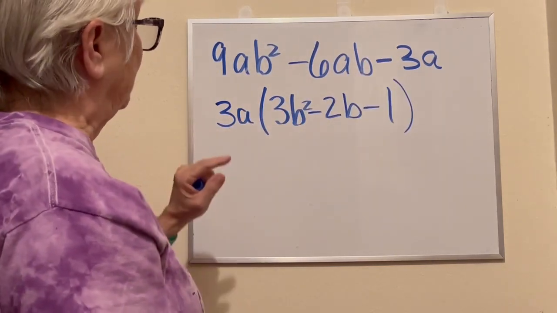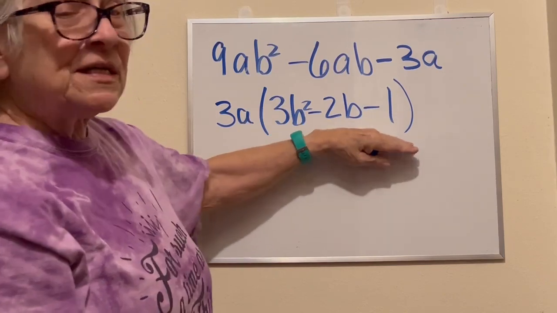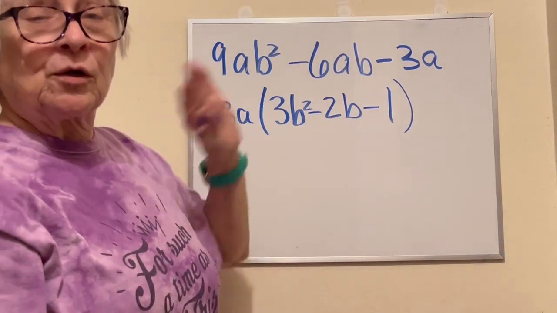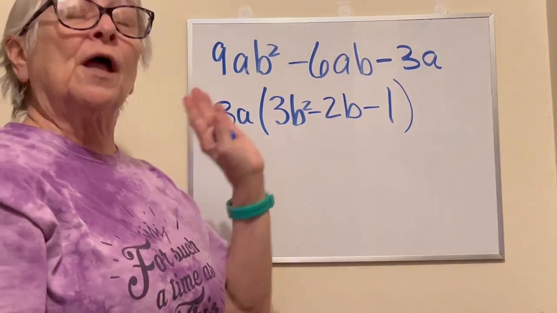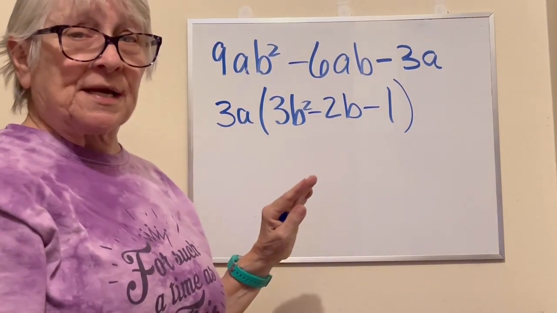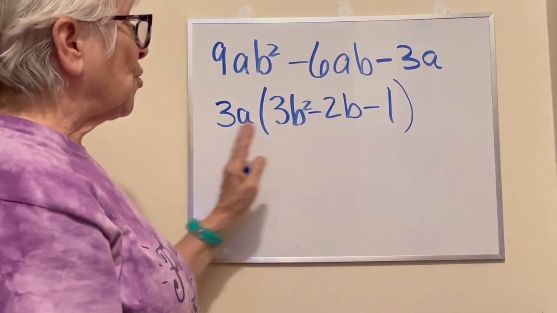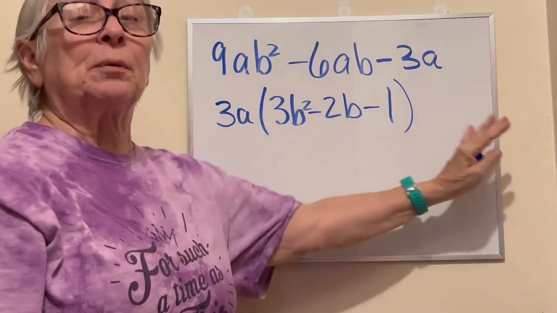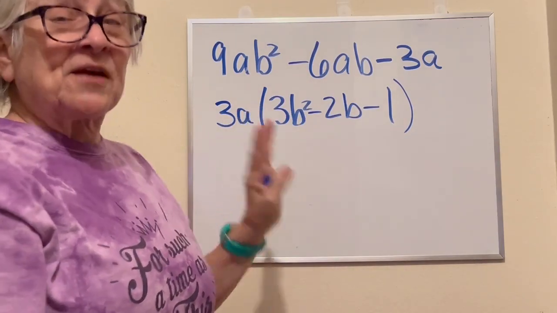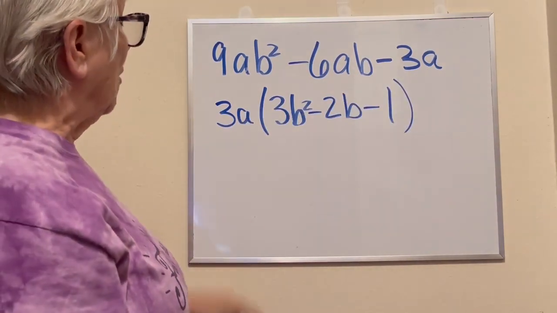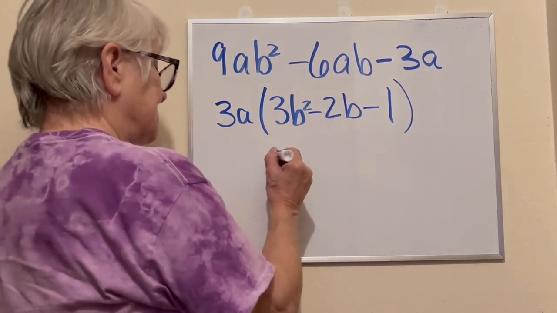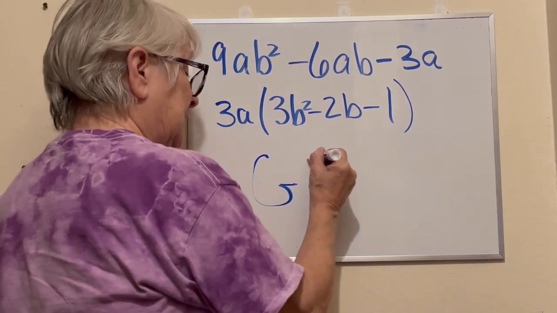We have the a already. Now, this can be factored, but we're going to talk about factoring trinomials on another video later on. We're not going to do it today. So this is not in lowest terms yet. It's not completely factored. But that's okay, because today we're only factoring out the GCF.